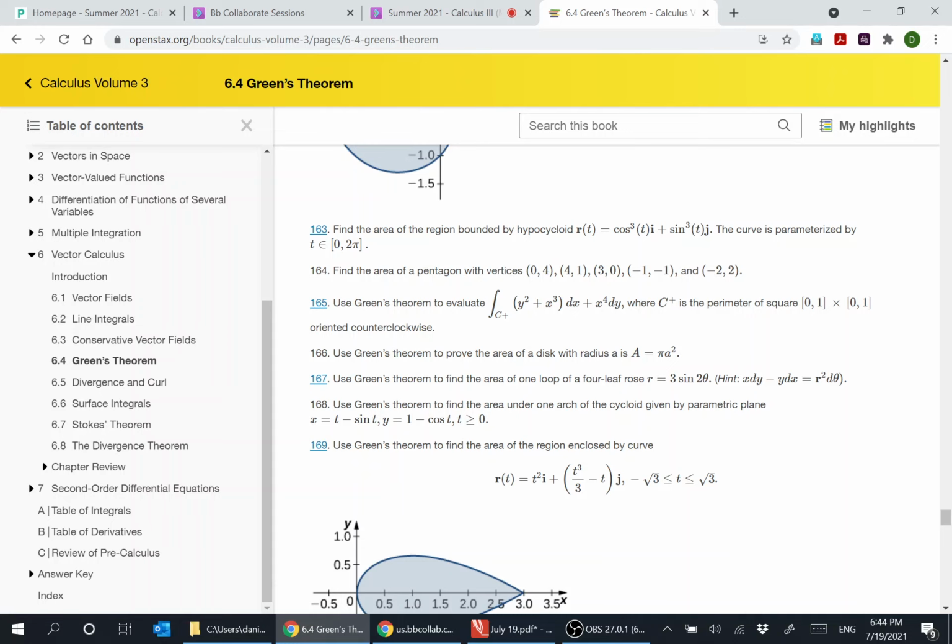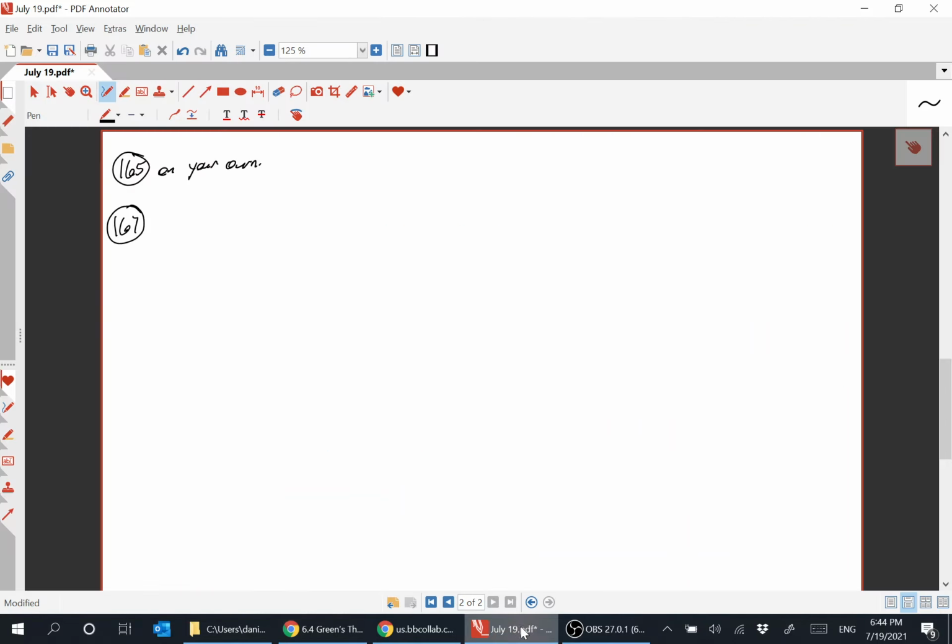Use Green's theorem to find the area of one loop of the 4-leaf rose. I mean, this is just a polar integral calculation. I'm not sure why they're getting into this problem here. So 167, we'll just omit that. It doesn't really use Green's theorem.